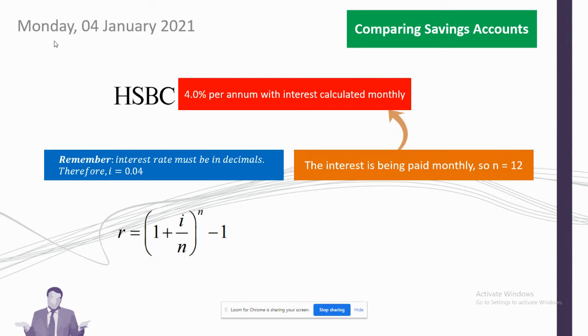We then take these numbers and substitute them into our formula. So you can see the I here becomes 0.04, N is 12 down here, and N is 12 also up here. You can then tap that into your calculator, and it works out your percentage rate as 4.07%. So the AER for HSBC is 4.07%.